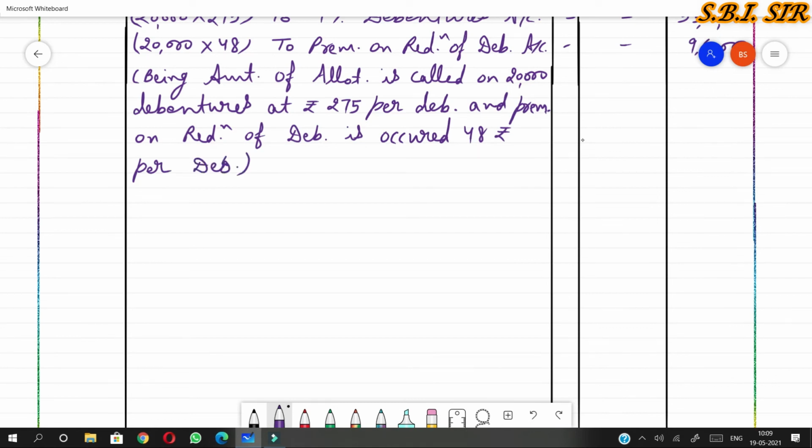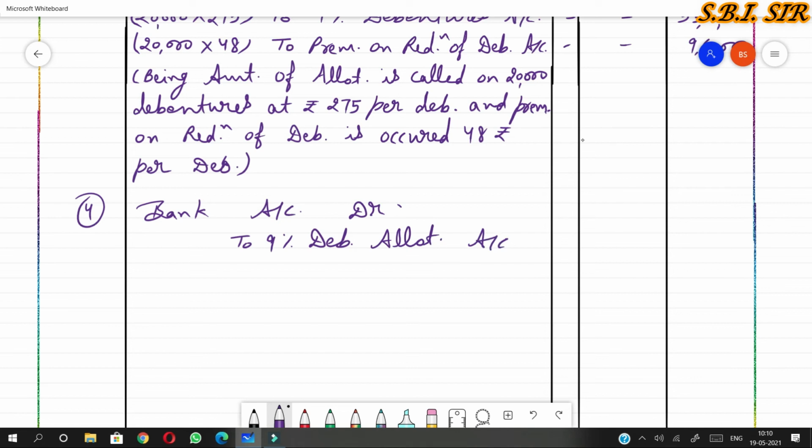Then this amount will be received by the company. Then the entry will be bank account debit to 9% debenture allotment account. 55 lakh rupees will be received by the company.